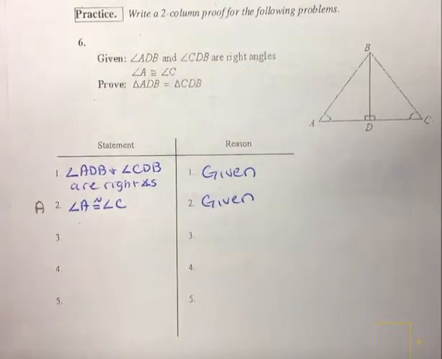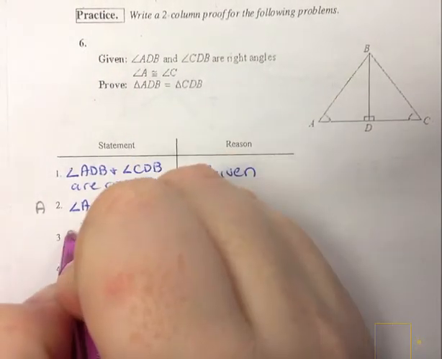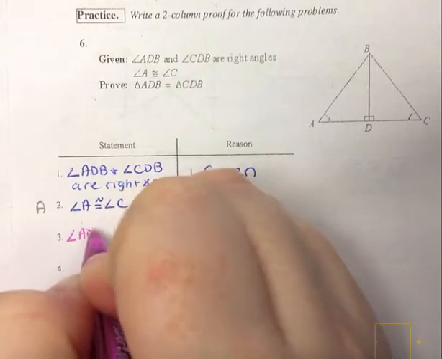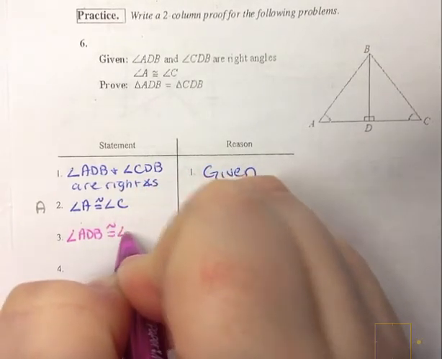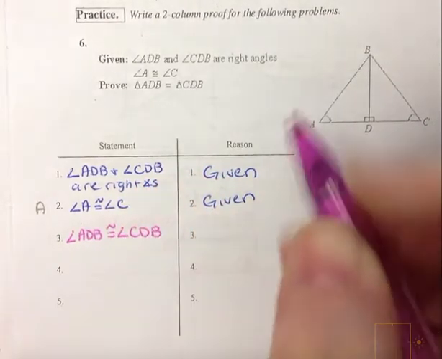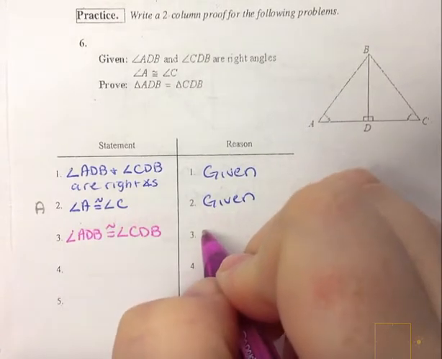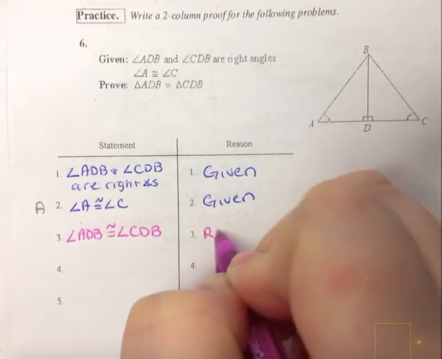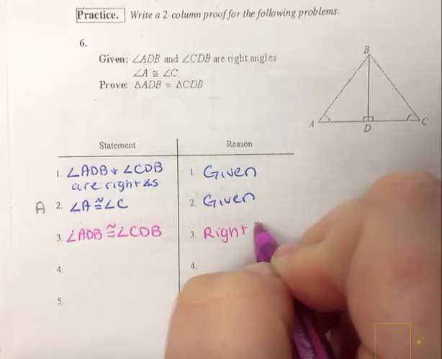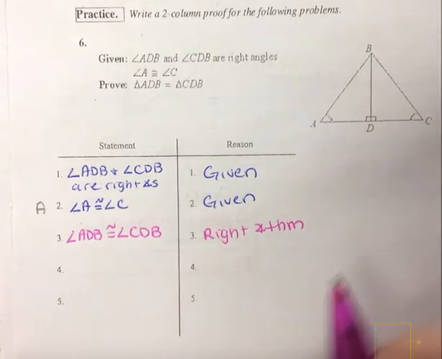So that's going to be statement 3. Angle ADB is congruent to angle CDB because that is the right angle theorem. All right angles are congruent. The right angle theorem.